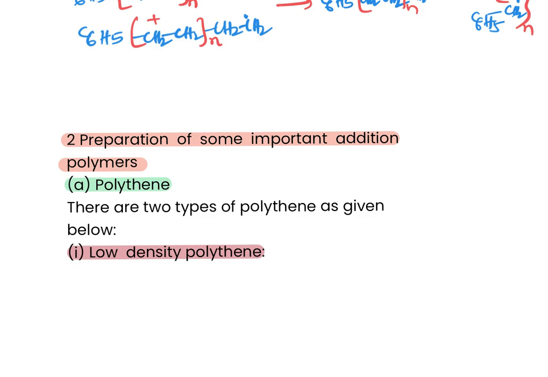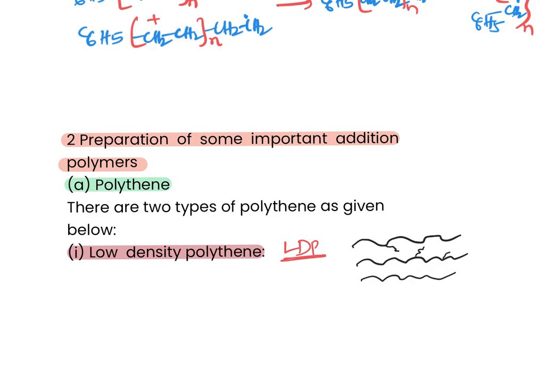The first one is polyethylene, called polyethylene simply. There are two types of polyethylene as given below. One is low density polyethylene, simply known as LDPE. Low density polyethylene is generally represented like this. These are linear polymers, and these have some branches.